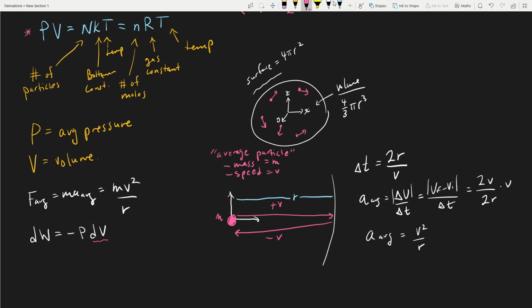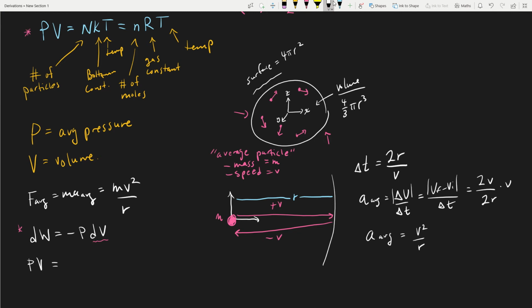So to shrink this volume takes work, it takes energy. But in this case, everything is constant, the pressure is constant, the volume is constant. We want to analyze this PV term because it's a unit of energy, and this equation shows us that it's a unit of energy. So let's work out PV.